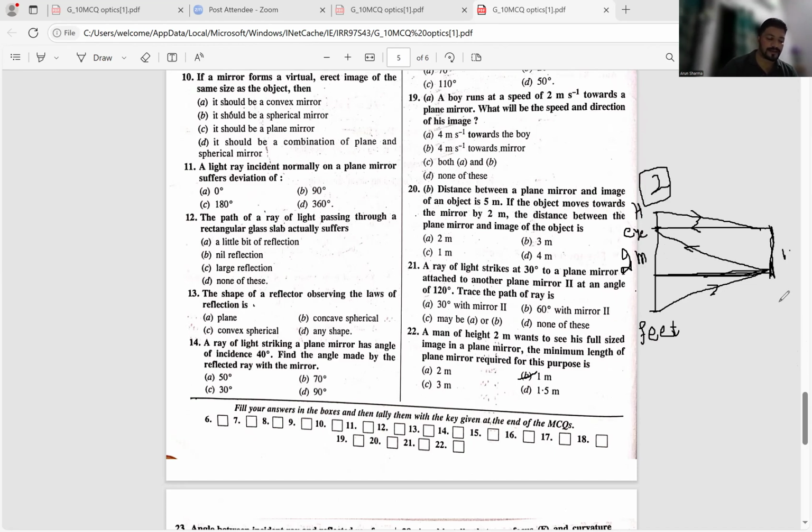So this can be explained mathematically. So how to explain mathematically if it is given in grade 12?